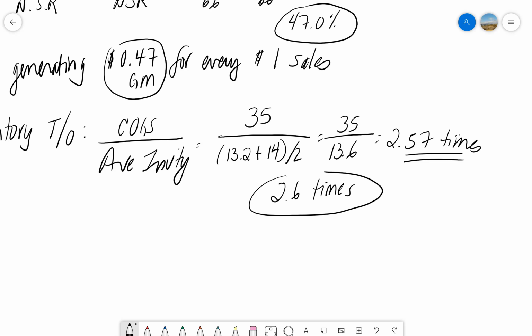A car dealership will probably have lower inventory turnover because they're not going to sell that many cars during the month. They're going to have a slower inventory turnover ratio. So once again, when we're looking at inventory turnover, higher is better, but it really depends on the industry that you're talking about and what that inventory turnover level might be.